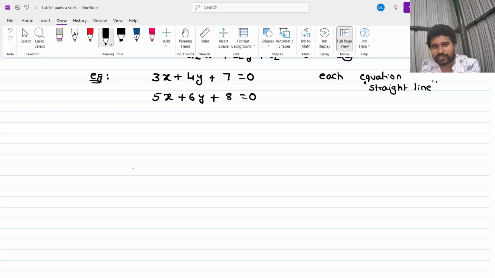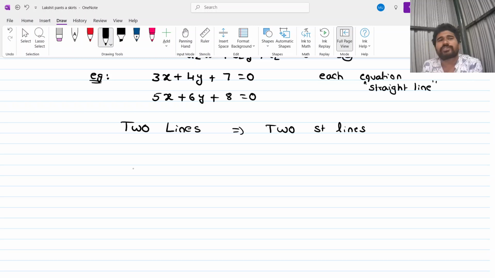Correct? These two lines will represent two straight lines. If I ask you to draw two straight lines, how will you draw? Sir, one straight line you have drawn like this. This is one straight line. Correct?